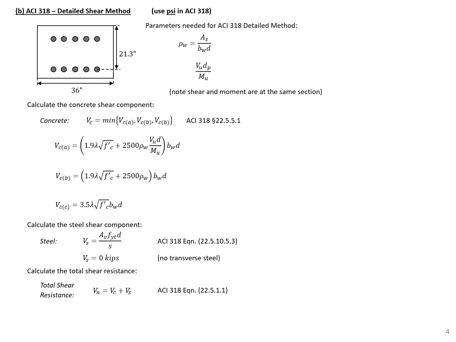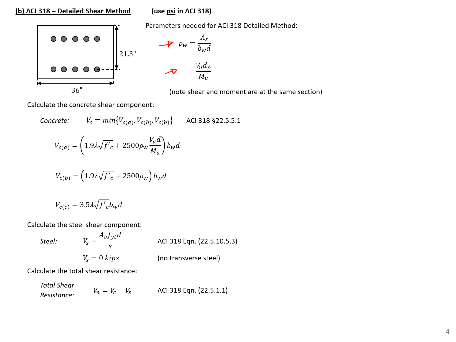We'll next use our detailed shear method. And to use the detailed shear method, we're going to calculate a couple parameters first. We'll calculate rho w, and we'll calculate the ratio Vu times dp divided by Mu. So first, our reinforcement ratio considering the web width.